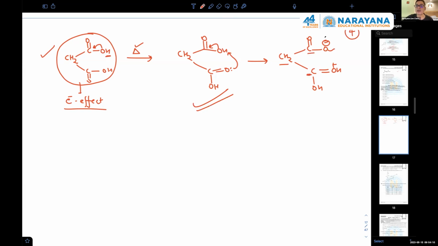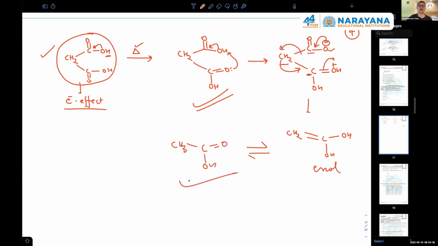Now go for the driving force, which is C double bond O formation. This CH2 becomes minus and gives backup here, the pi bond shifts, and you get C double bond OH and OH. This is the enol. Simply tautomerize it and you get CH3C double bond OOH. The answer is acetic acid.